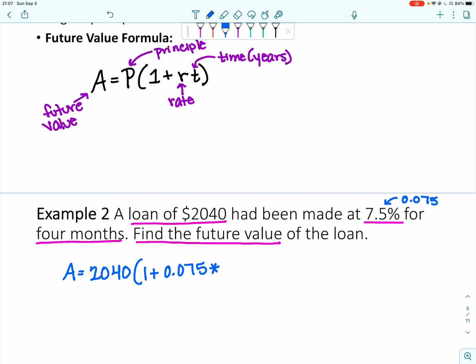And then we're going to keep this for 4 months. So I'm going to go into parentheses. So 4 months out of the 12 months in a year. Because it's not 1 full year, it's a fraction of a year. So it's 4 out of the 12 months.